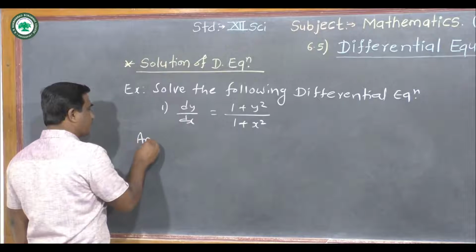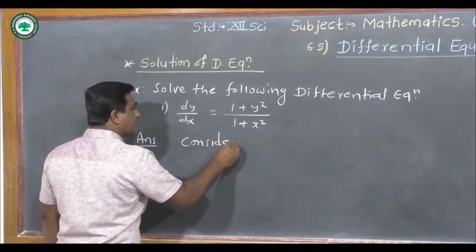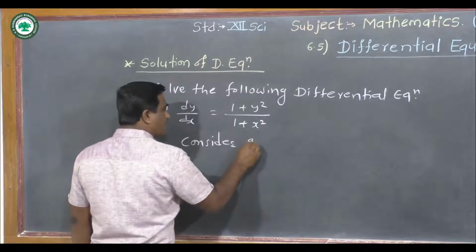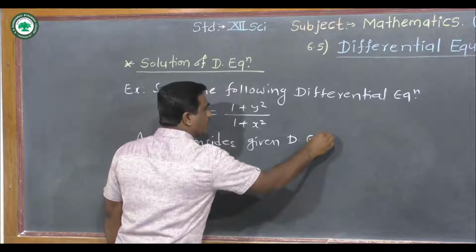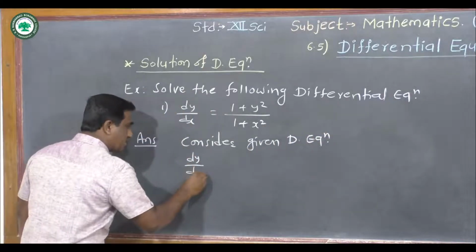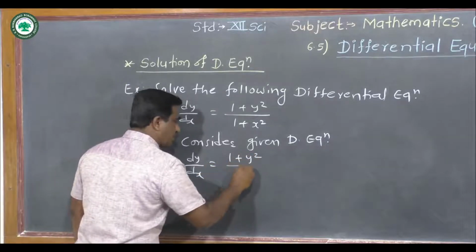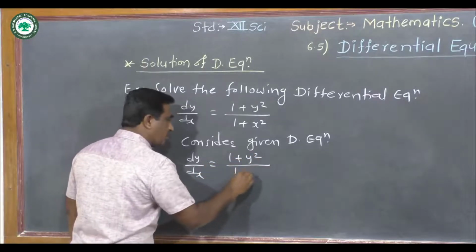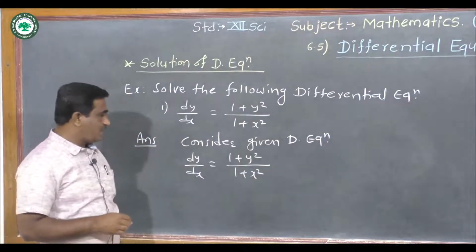Answer: consider the given differential equation which is dy by dx is equal to 1 plus y square upon 1 plus x square. First we write this equation in variable separable form.